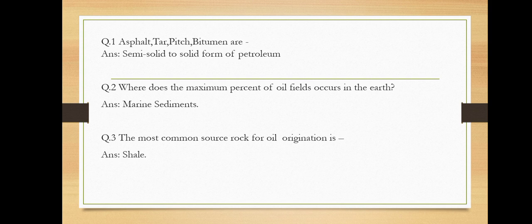Question number 3. The most common source rock for oil origination is, answer, shale. Shale is the most common source rock for oil origination. That means oil originates in the fine grained sedimentary rocks itself, like shale.